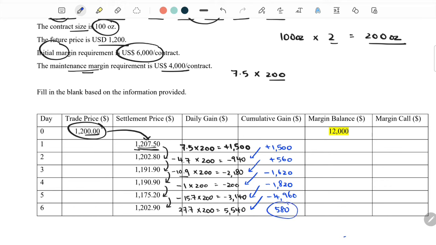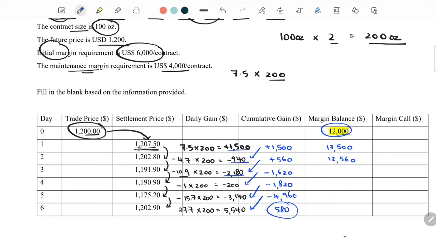Let's take a look at the margin balance. At the very beginning, the margin balance will increase. The reason is very simple: because of the 12,000 here, we need to plus the 1,500, and it becomes 13,500. Then we minus the 940, so 13,500 minus 940 gives 12,560.